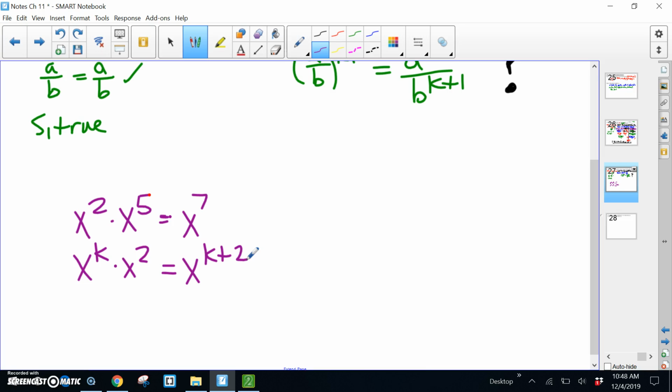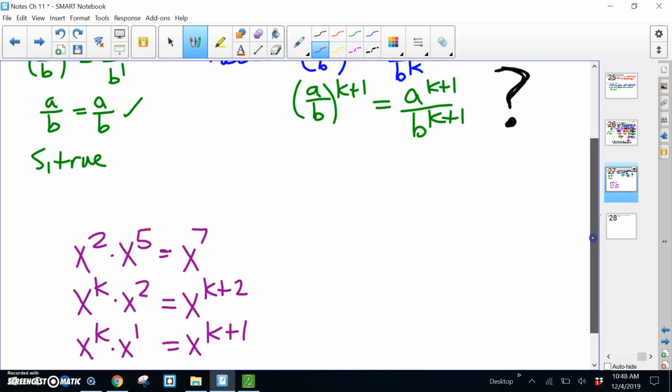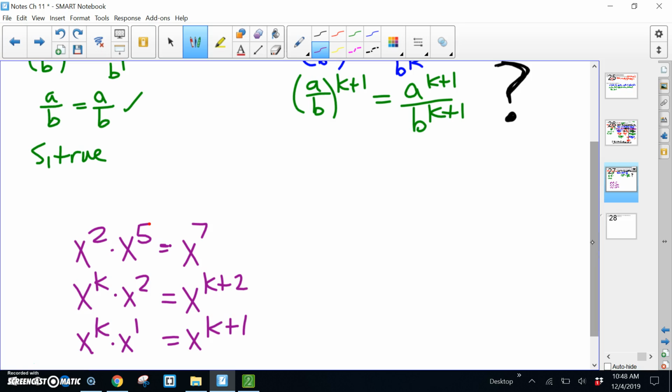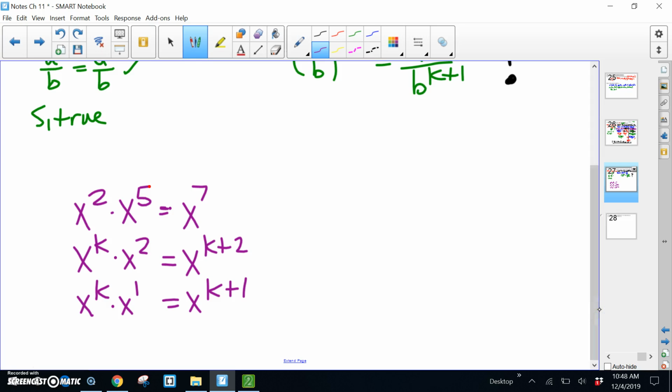Okay? So if you just have x to the k times x, you can think about it as x to the first. If you add those exponents, that's x to the k plus 1. Or you're going to have a to the k plus 1. All right, so think about this. We need to go backwards. What we have is a k plus 1 exponent.